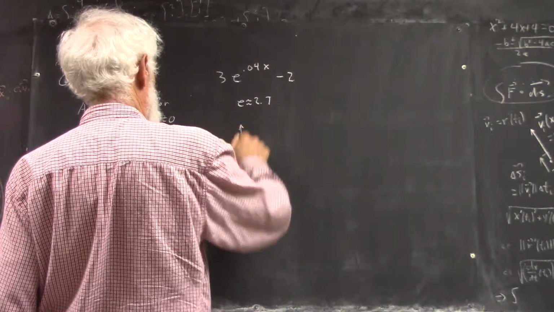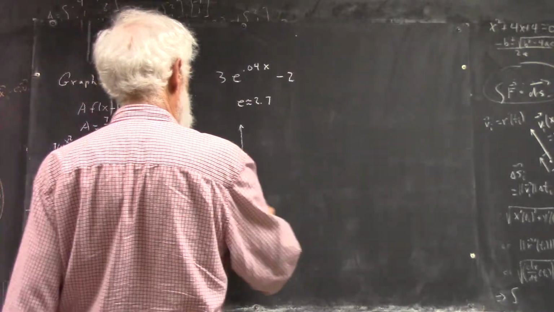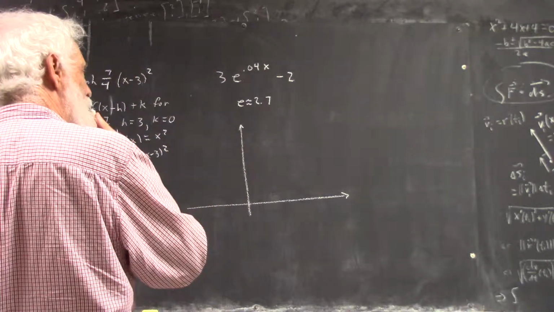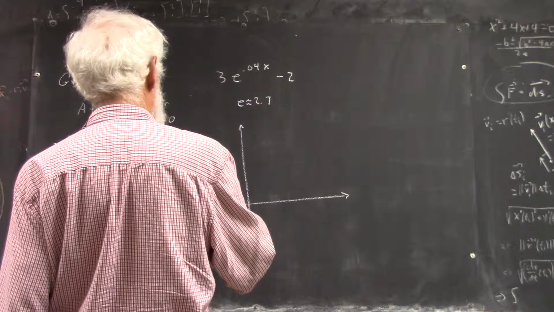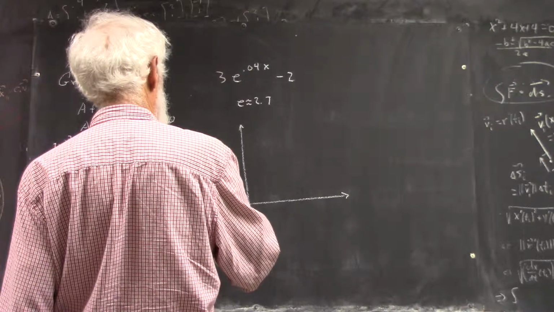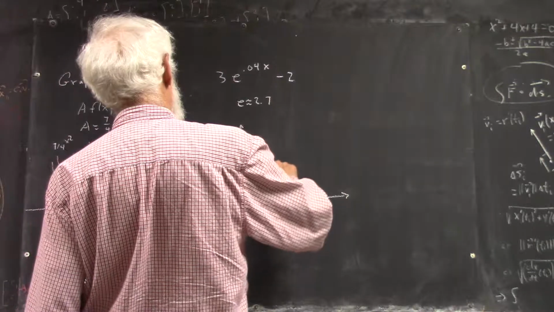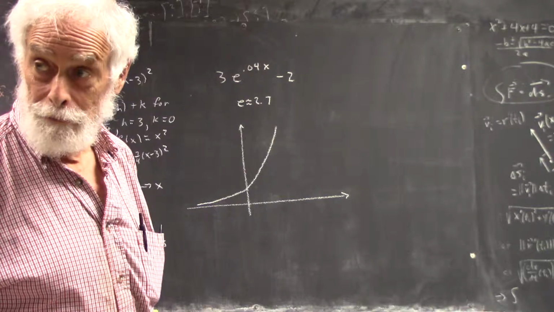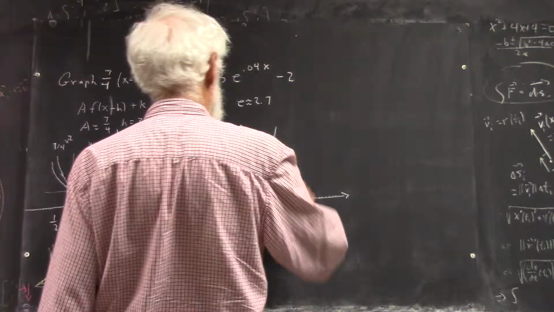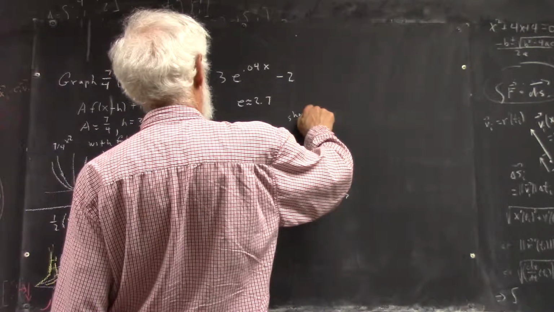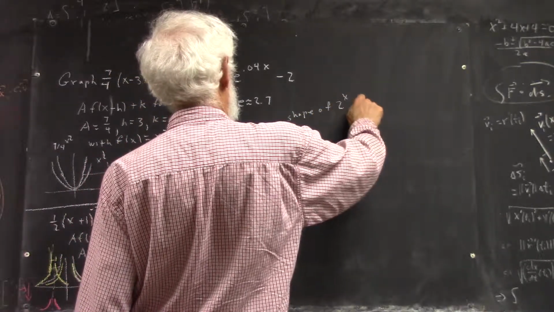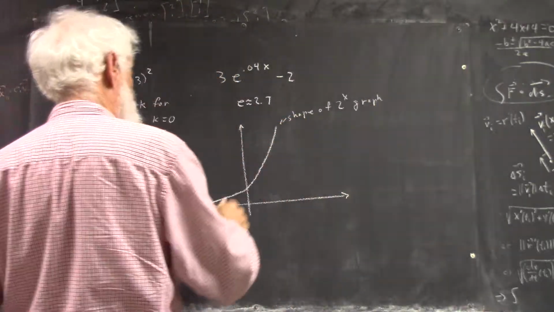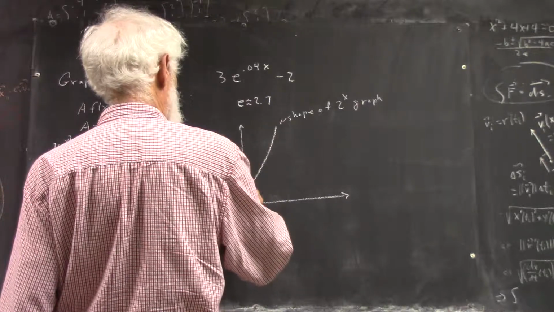So what you're going to have is the e to the x function. It looks just like the 2 to the x function, except the scale is different. It's got the shape of the 2 to the x graph, but it's equal to 1 here.